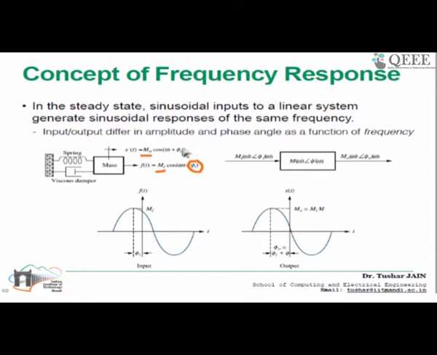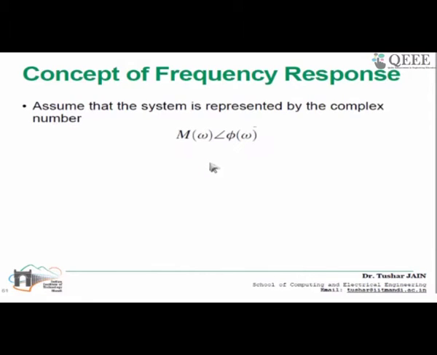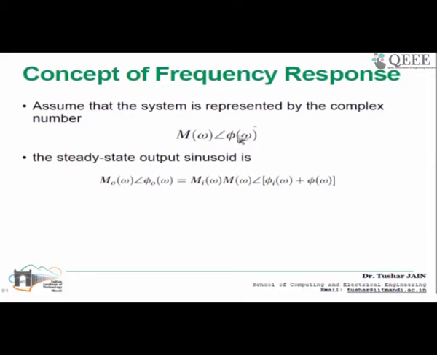Similarly for phi i and phi o, these are also functions of omega. If they were varying with respect to time, then you could not call it a linear system. So assume that the system is represented by this complex number, a generic representation where we have the amplitude, which is a function of omega, and the phase phi, which is also a function of omega.